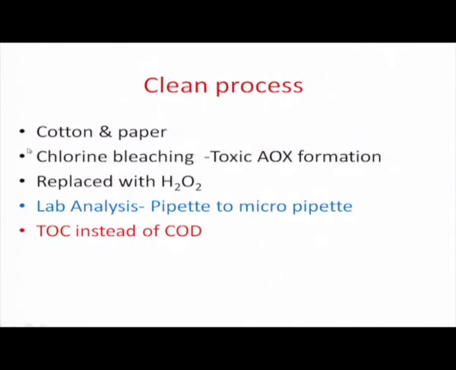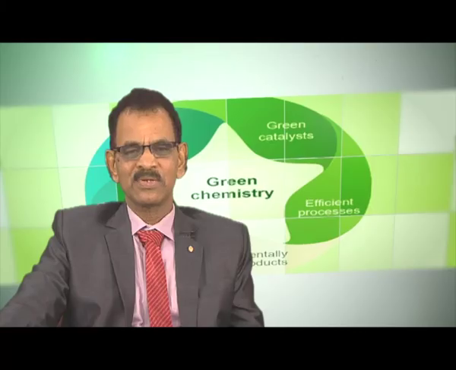What is done is replacement with environmentally benign hydrogen peroxide, especially with an iron catalyst, which brings out the bleaching of cotton and paper. Replacement of chlorine with hydrogen peroxide is considered a good environmentally clean process. This is one example.